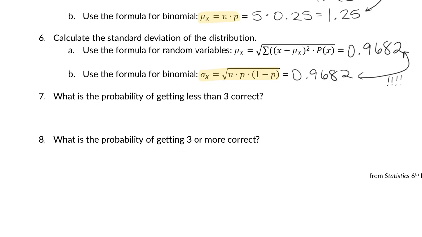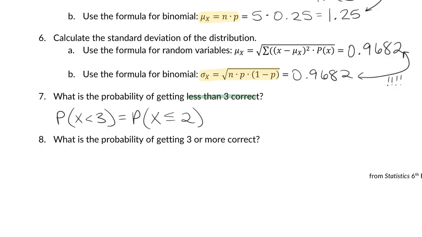To get something that is less than 3 correct, we're going to change the word false to true, because we can do a cumulative probability in Excel. If we want the probability that x is less than 3, first off, we have to change this to less than or equal to, meaning I'm going to change this to the probability that x is less than or equal to 2.